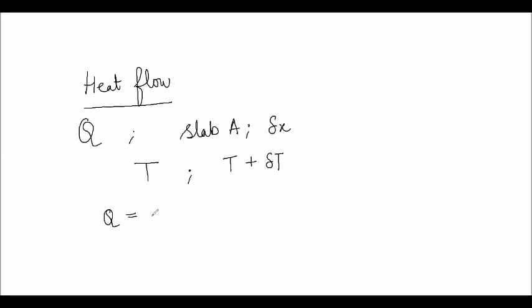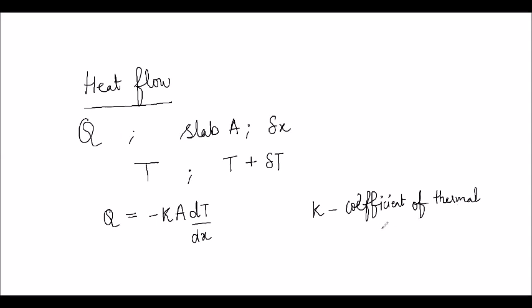Q is minus K A dT by dx. Here K is the coefficient of thermal conductivity, and A is the area.